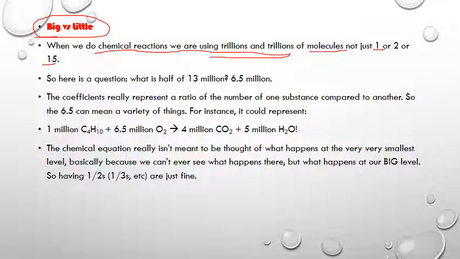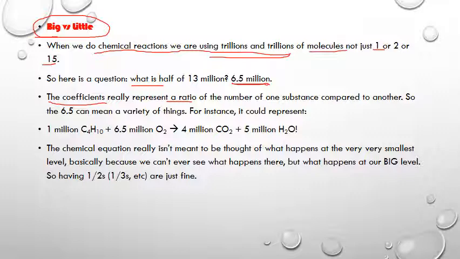What is a half of 13 million? 6.5. Okay, so you can have 6.5 million, but if I said have 6.5 things, that doesn't make sense, okay? So the coefficients that we use really represent ratio numbers of one substance compared to another.